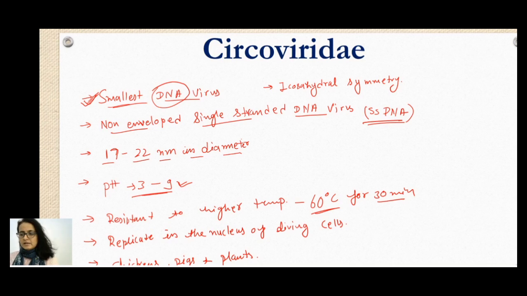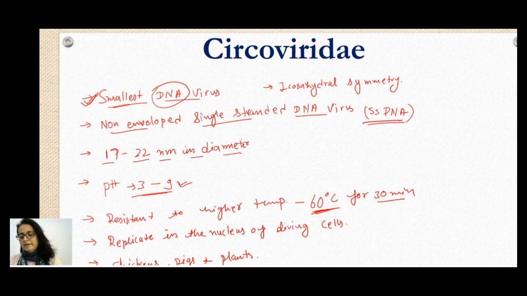These Circoviridae family members are stable in the environment at a wide pH range, that is 3 to 9, and resistant to higher temperature, that is 60 degrees centigrade for 30 minutes.